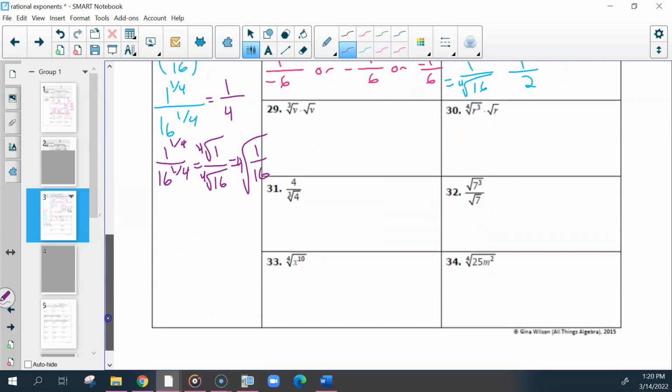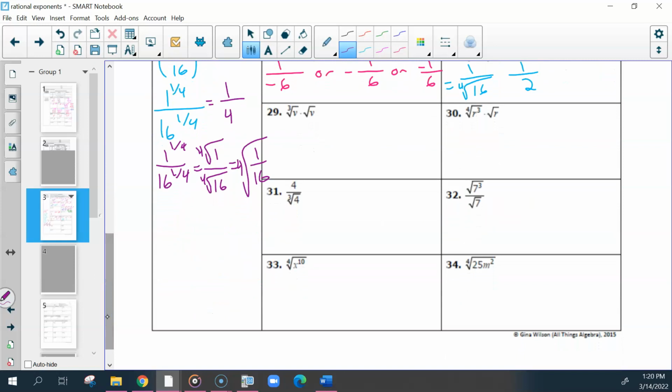Let's do a few more of these and then we will be done with this video because I know it's getting a little lengthy. All right, for 29, if we have the radicals, I would suggest that you go ahead and make them into exponent form, like I said. So the cube root of v would be v to the 3rd to the power of 1/3. The square root of v would be v to the power of 1/2.